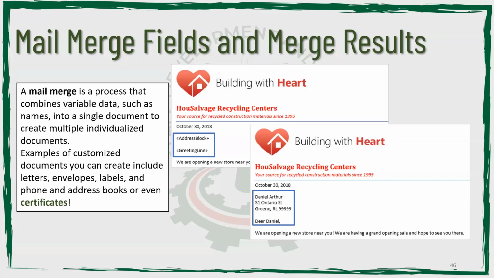So if you take a look at the picture here, you see at the upper left the address block and greeting line. And then if you take a look at the actual preview of the mail merge, it's taking that address block and greeting line and applying it so that not only is this document going to be one, but there are going to be perhaps swarms of additional documents that print out with other names and address lines taken from that data set.